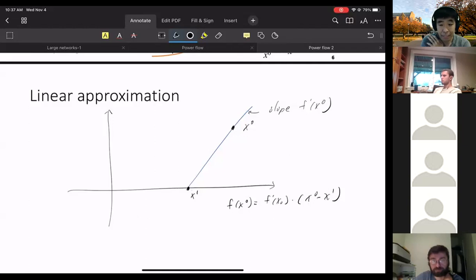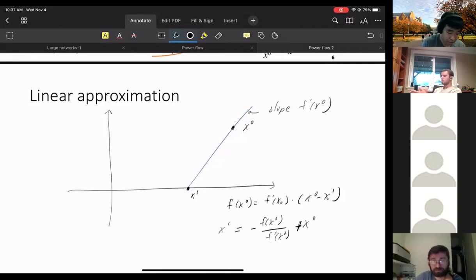Using this equation of a line, we get x1 equals minus f of x0 over f prime of x0, plus x0. So for a linear equation, we can easily solve for x1. We may not be able to do this for a nonlinear equation, but for a linear one, this is fine.